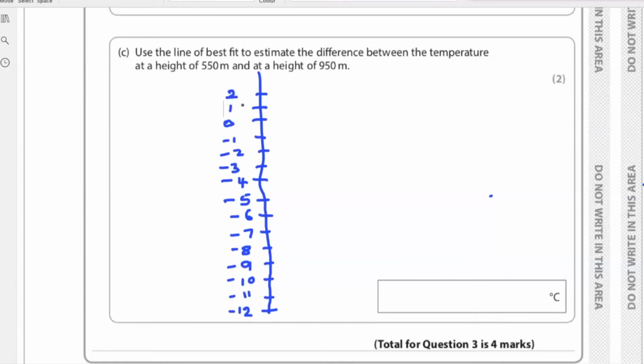I've actually drawn a complete temperature scale for you to see where the negatives are and where the positives are at the top.